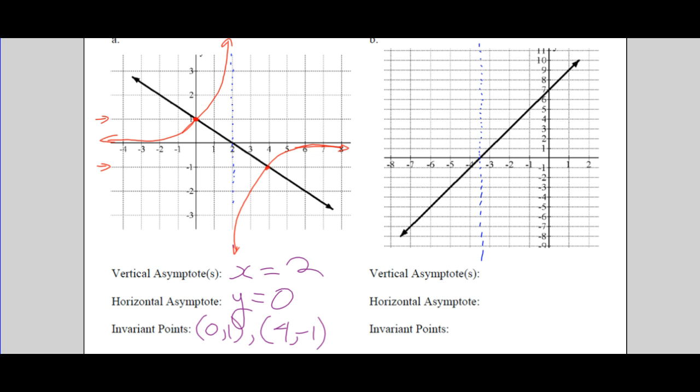Okay, your vertical asymptote. Plot your invariant points. Sketch the graph. You could do other points, but on this graph you don't really need to bother, right?